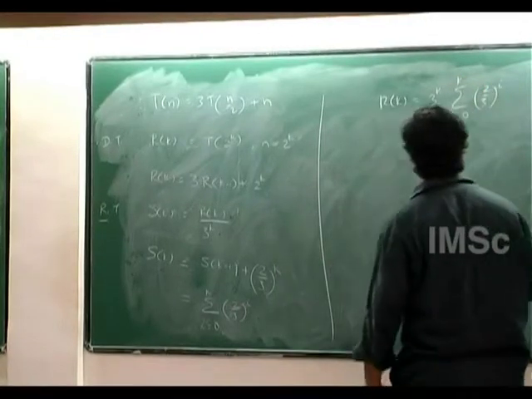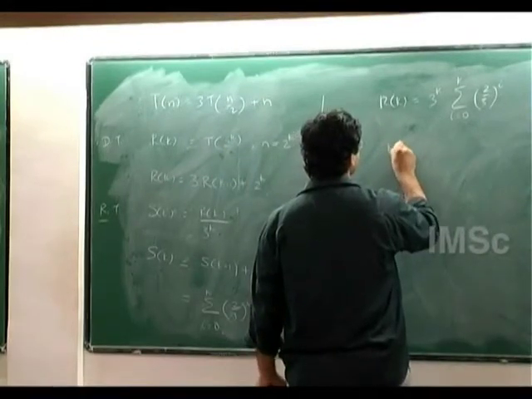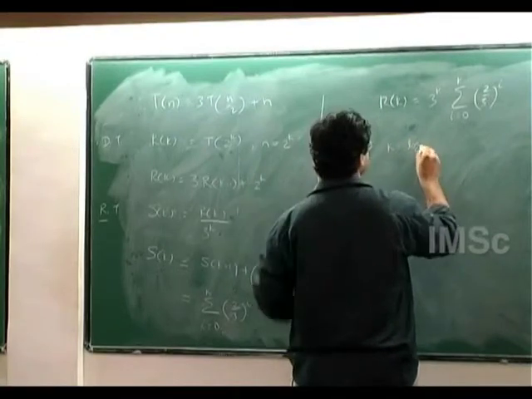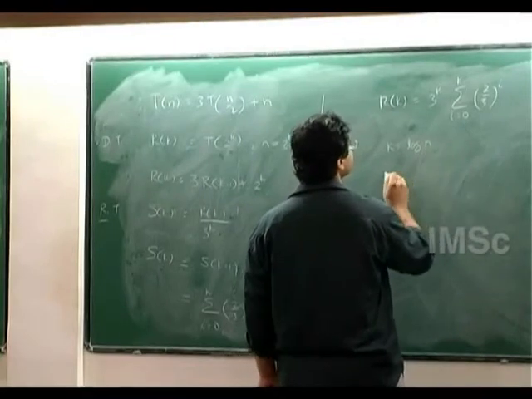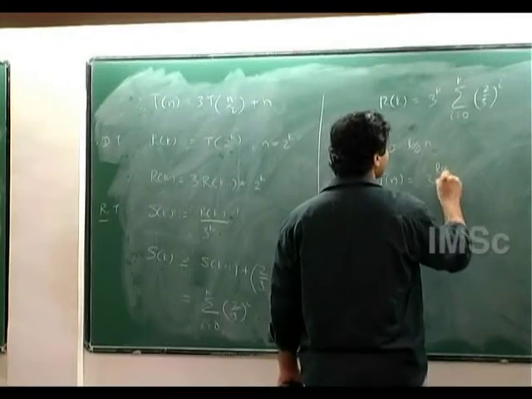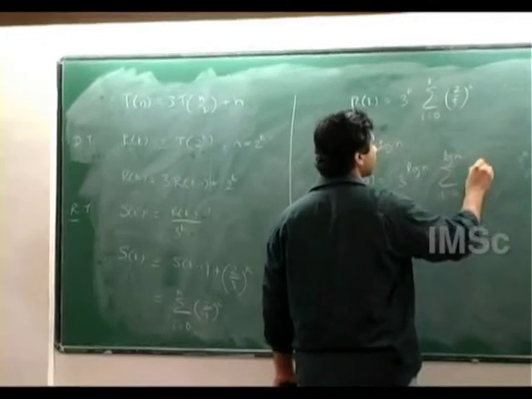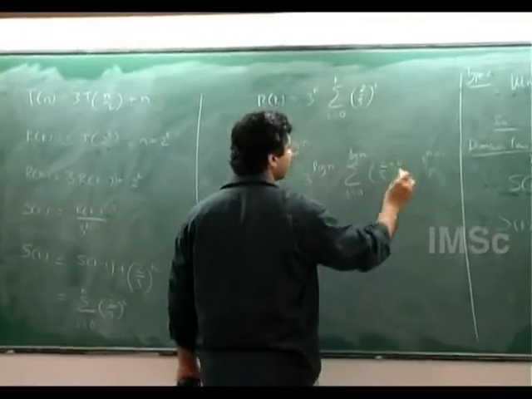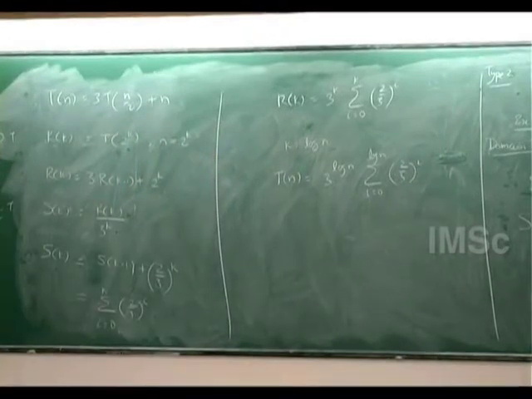And to get the solution back for T, I have to substitute k is log of n, and so I get T of n is 3 raised to log of n, summation i from 0 to log of n, 2 by 3 raised to i. So this is the equivalent form.